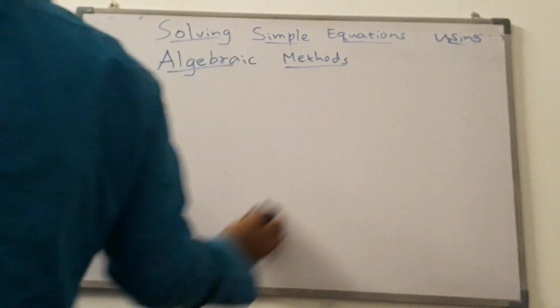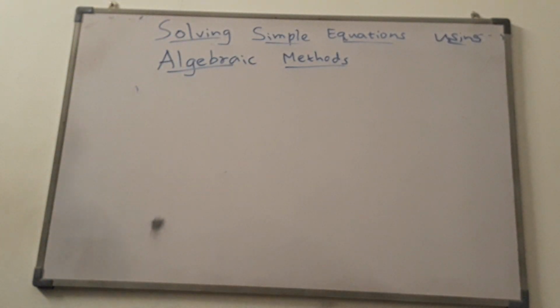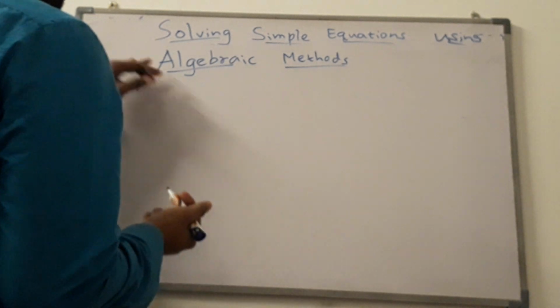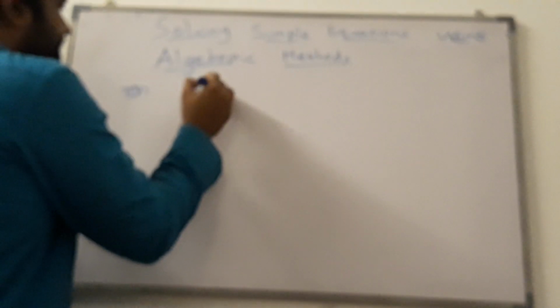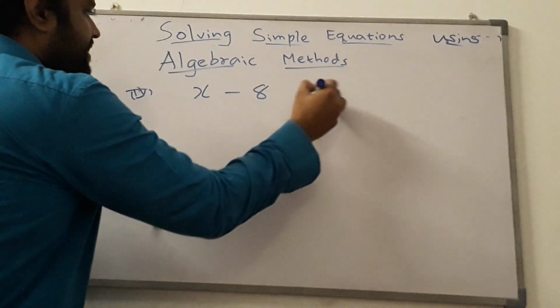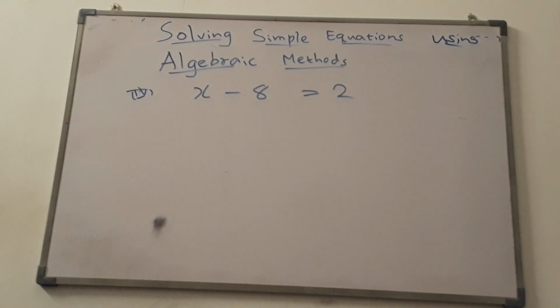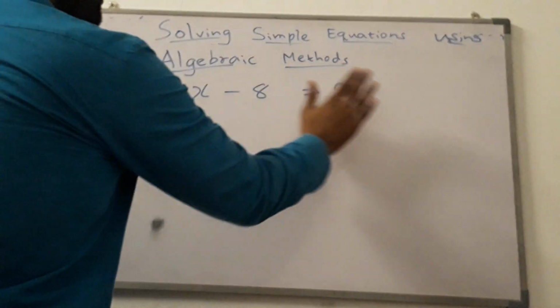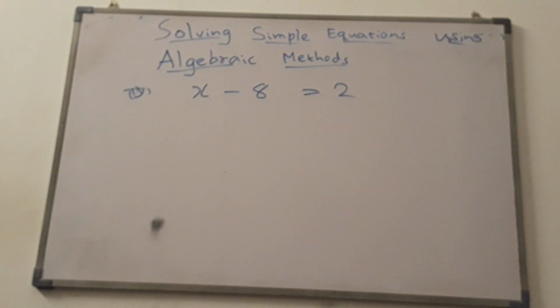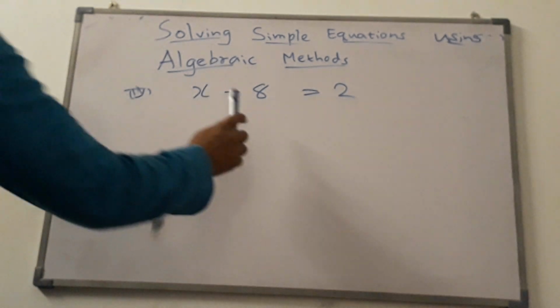Okay, next. Fourth question: x minus 8 equals 2. Here also left hand side is equal to right hand side. Here there is minus 8.